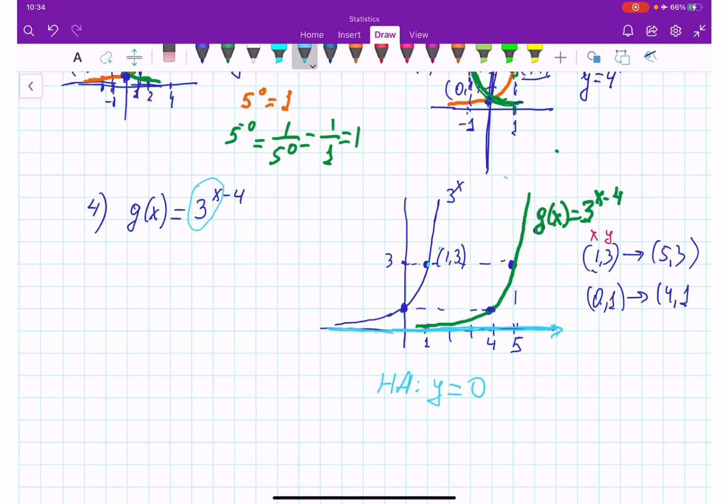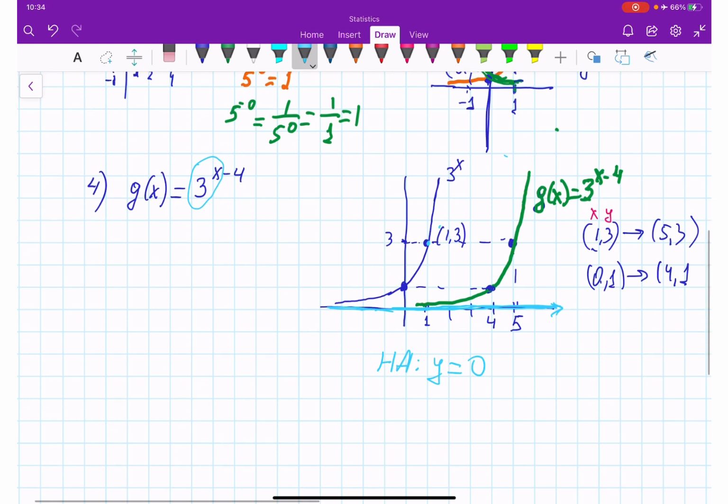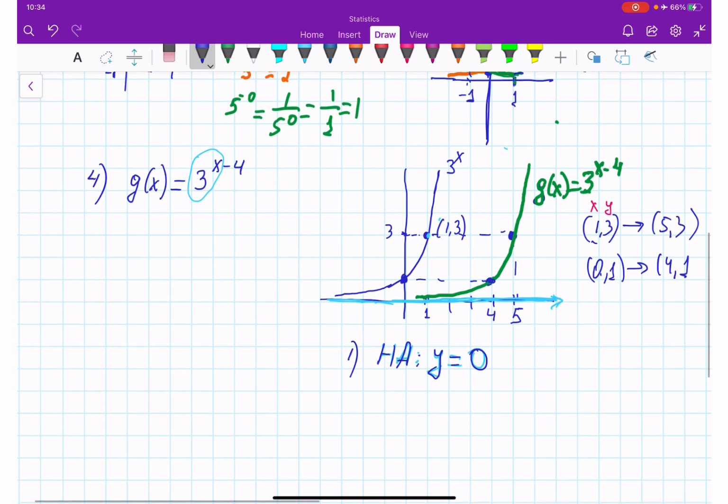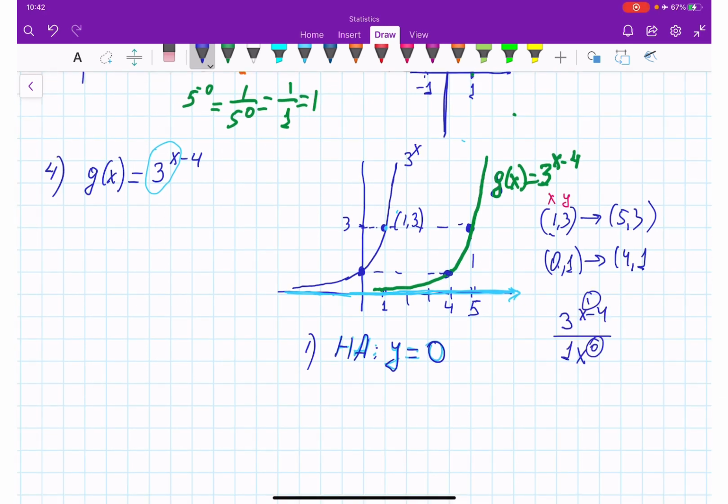That's the graph. So what is going to be the domain here? Let's analyze now. Number 1, this is the horizontal asymptote, y equals 0. Now let's do the domain.